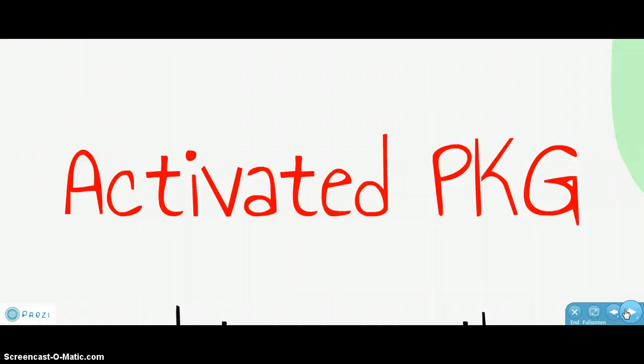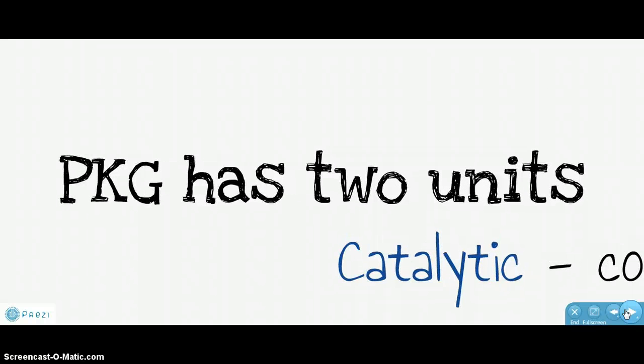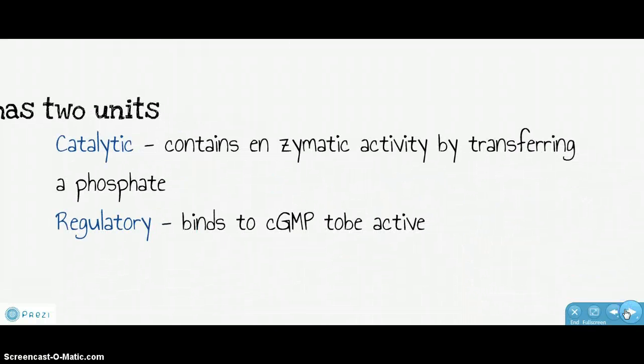They activate it. So protein kinase has two subunits. The first one, catalytic, contains enzymatic activity by transferring a phosphate. The second subunit is called regulatory, and what that does is it binds cGMP to make it active.